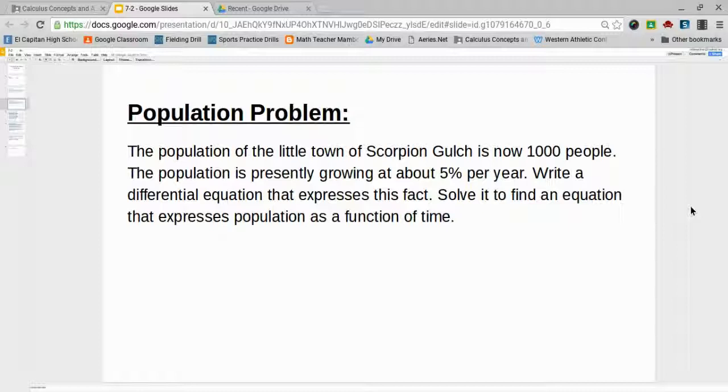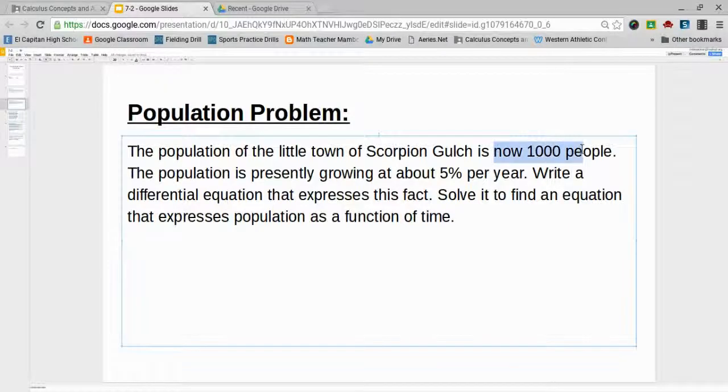Okay, so if you remember in class, I told you that there's two things that I want to recognize. First thing is right now at the moment in Scorpion Gulch, there are 1,000 people. So what that tells me is when time is 0, because that's 0 years, my population is 1,000 people.